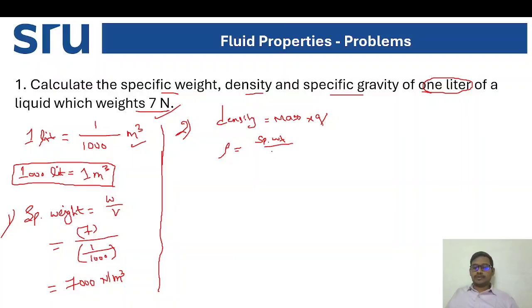Specific weight by G. So density equal to specific weight by G. And now specific weight is already we have calculated, that is 7000 and it is 9.81. So what is the density? 713.55 kg per meter cube. So density equal to specific weight by gravity. Gravity is 9.81.